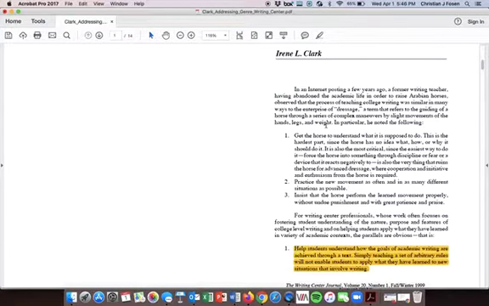So, again, this project could be very practical for students, but I think it could be useful for us in advancing our own thinking.